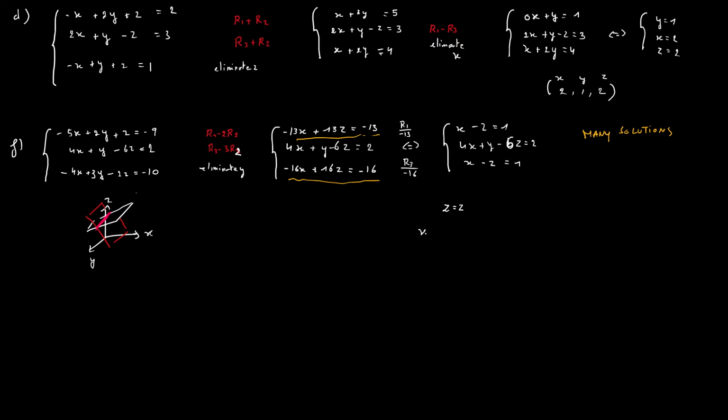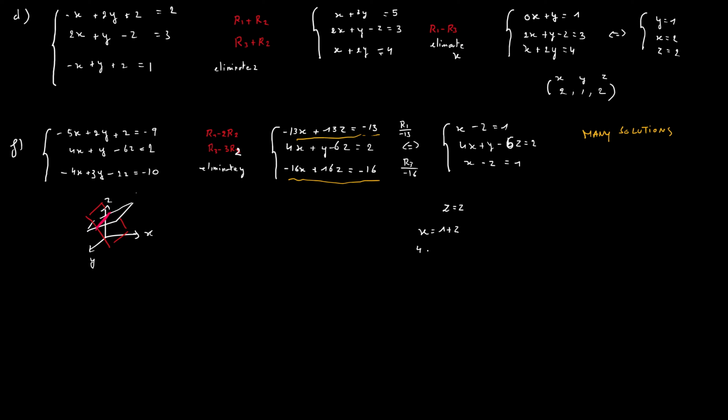Our x coordinate, if we want to express it in z, well, it's going to be x is equal to 1 plus z, right? So if I give you z, you can find x. If I tell you z is 1, then you know that x is 2. Okay, great. And then let's see if we can express y. And for this, we need to get this equation. We get 4x plus y, and then x, we can immediately substitute already.